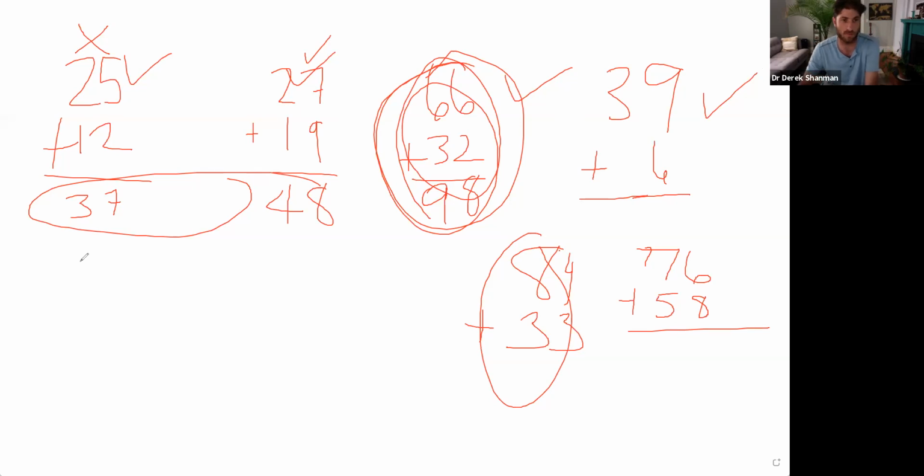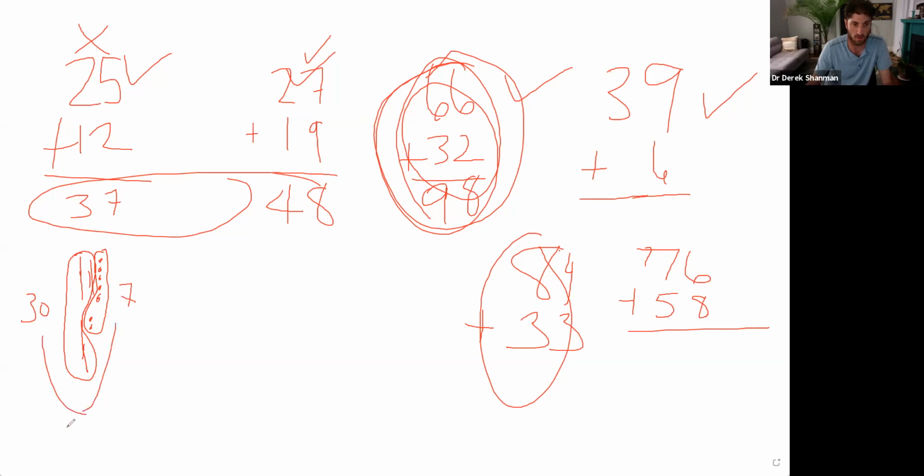Even if it's something as simple as showing your work and showing me that you are, with intentionality, saying 10, 20, 30, 7, well, partial sums, 37.